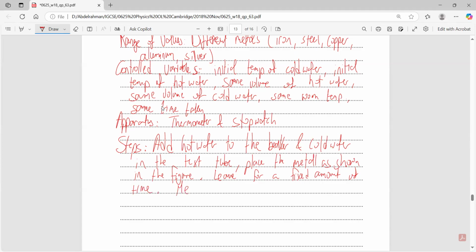And measure the final temperature of the cold water.